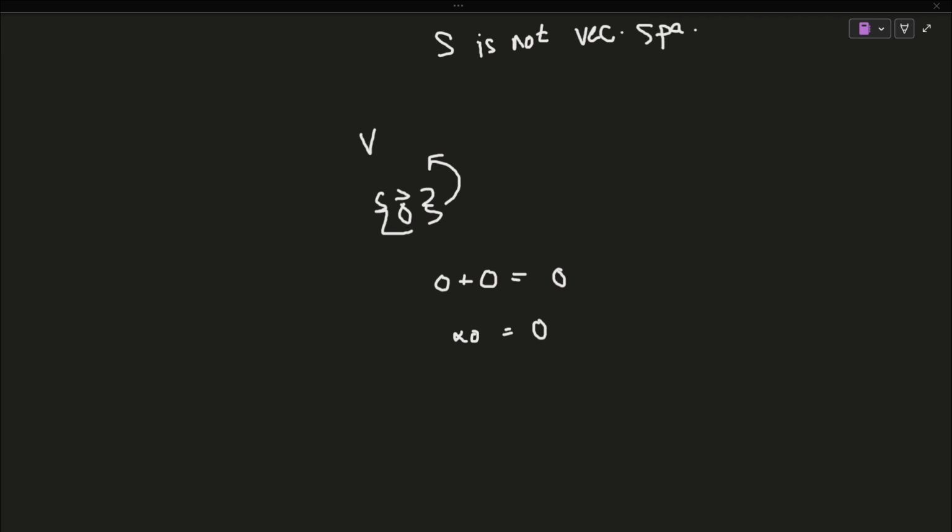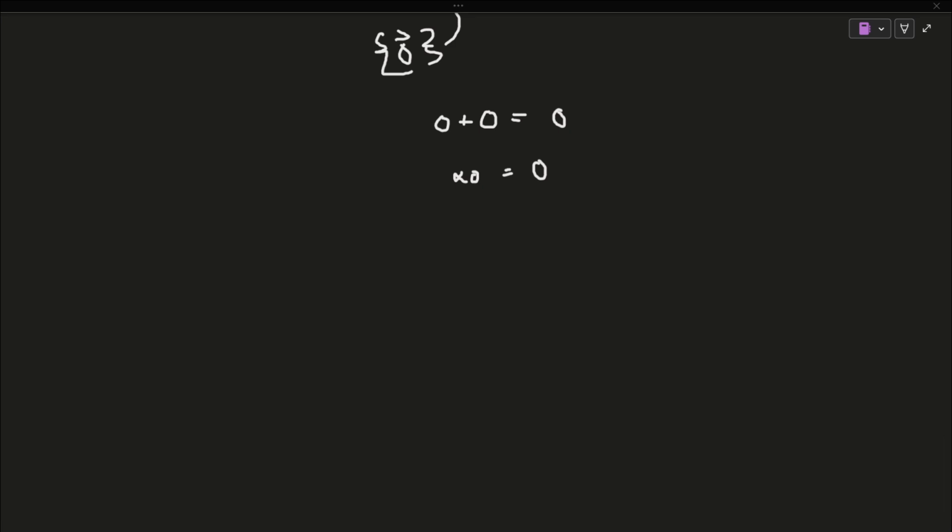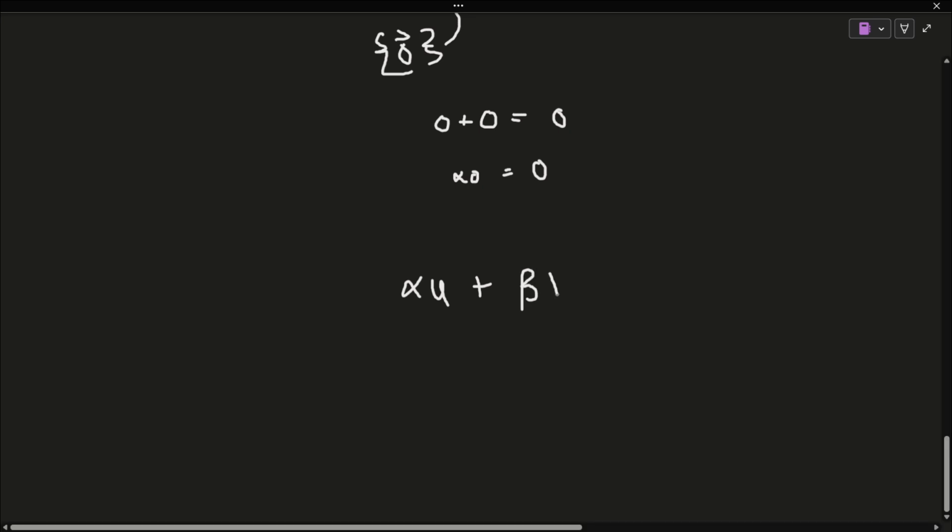Okay, and then one more theorem is that if you have a non-empty subset S of a vector space V, then it is a subspace of V if and only if whenever u and v are two elements in S and alpha and beta are any two scalars, their linear sum is also going to be in S. So basically, if you have a scalar alpha times an element u, plus beta times element v, and this belongs to S, then that means it will indeed be a valid subspace.